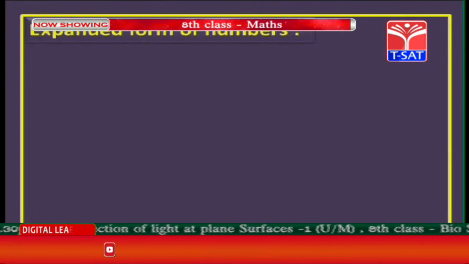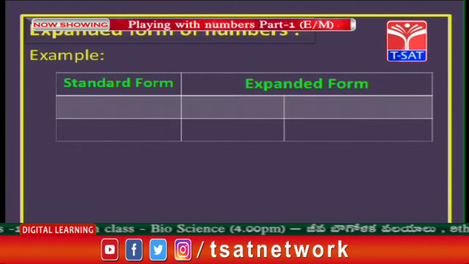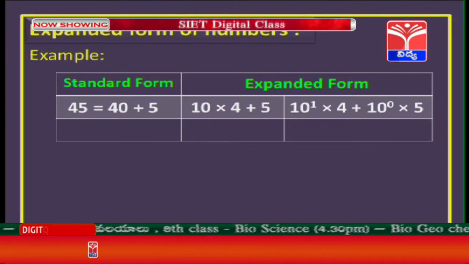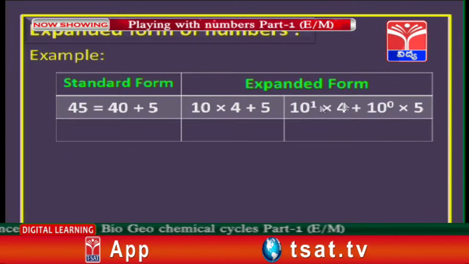Now, children, let us learn about expanded form of numbers. Let us consider an example. We are taking a tabular form, where we write the numbers in standard form and expanded form. If you notice, 45 can be written as 40 plus 5.